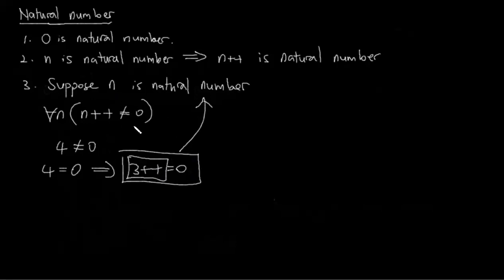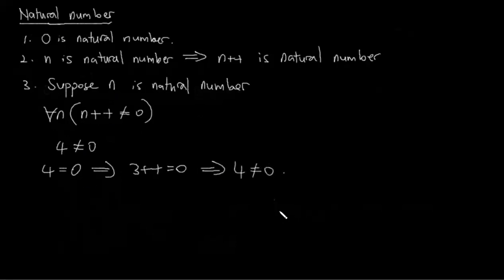This contradicts the third axiom of natural numbers. Therefore, a contradiction happened, and it is due to the fact that we assumed the opposite. Therefore, 4 must not equal 0. So this is how we prove 4 is not equal to 0.